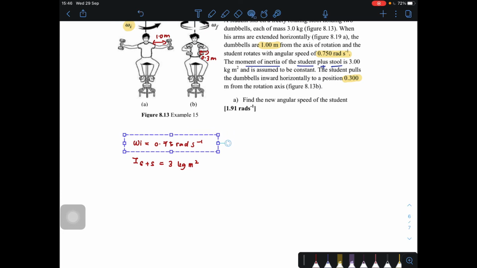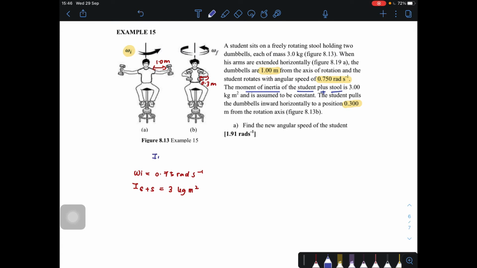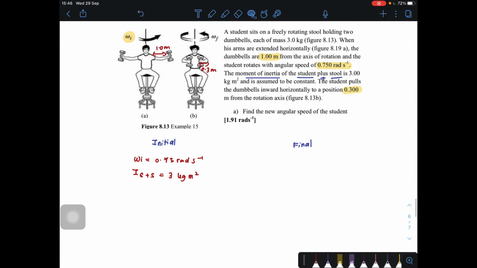Okay, so here we have two situations, initial and final. So initially the speed is this value, and then the moment of inertia is this value. Okay, so now he says the moment of inertia, this one here, is constant.